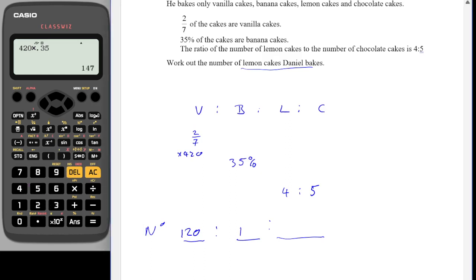So we've got 147. So that means that if I add that to 120, we've got 267.